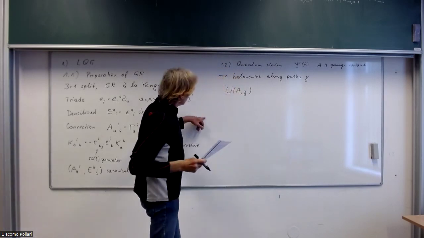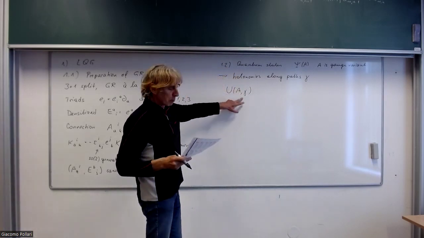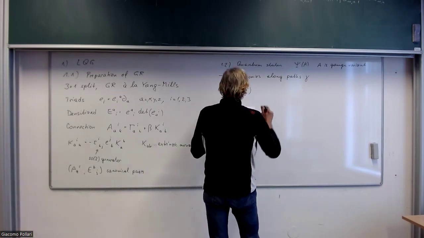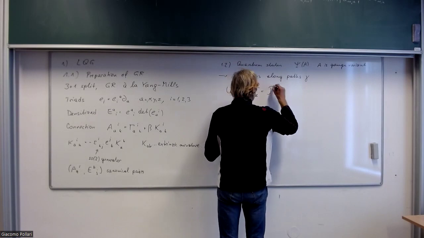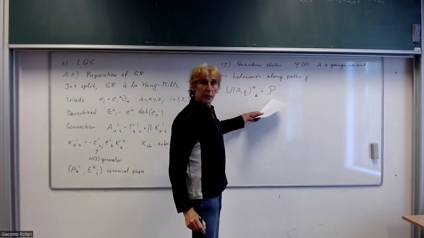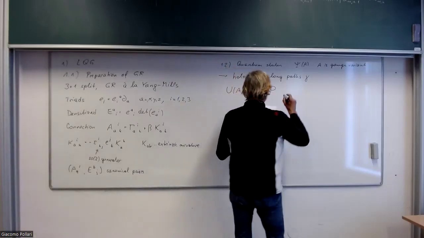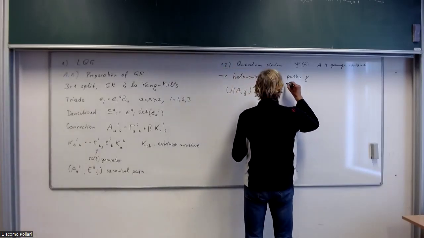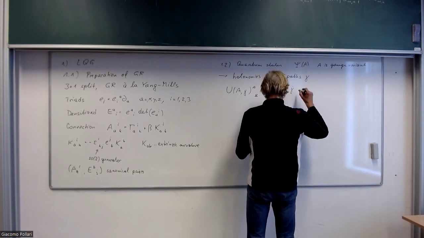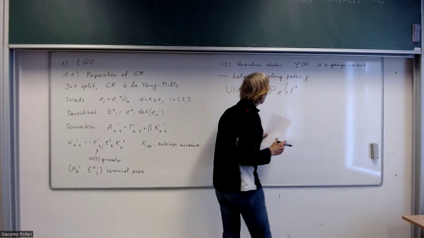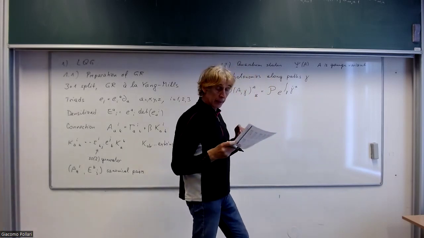So if you transport something along a path, now with two indices A B, that's a linear operator, the path-ordered exponential of an integral along gamma. Gamma dot is the tangent vector.